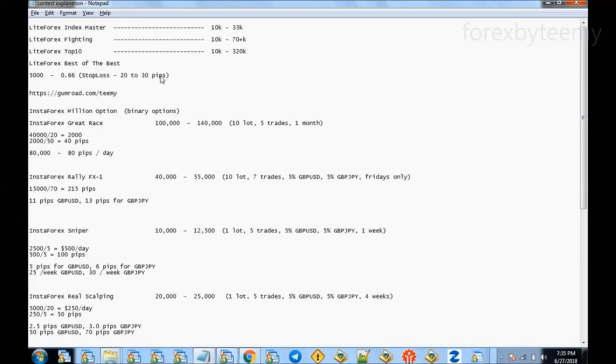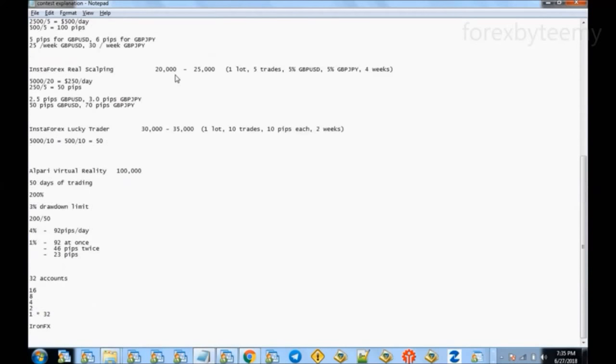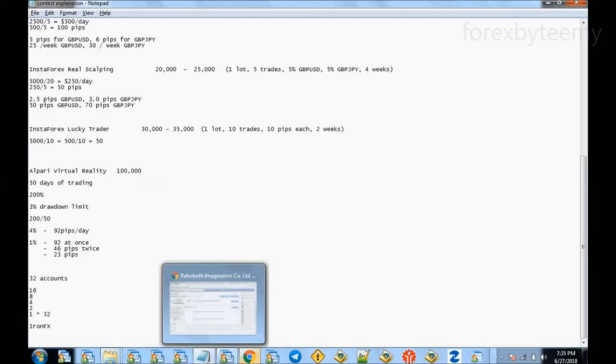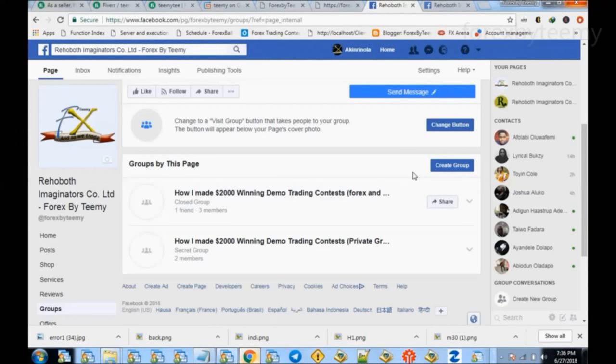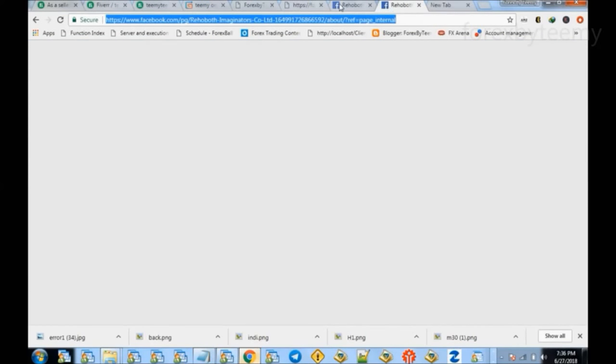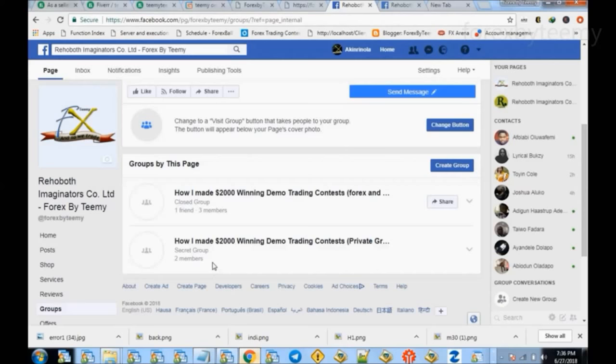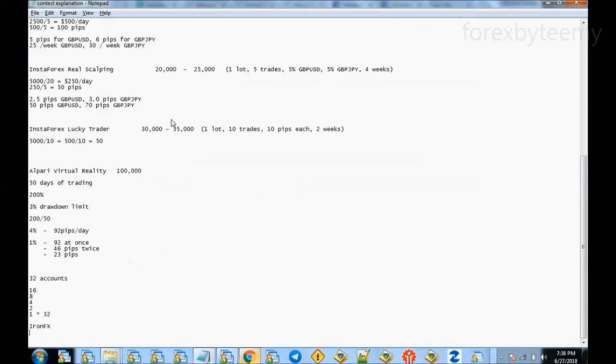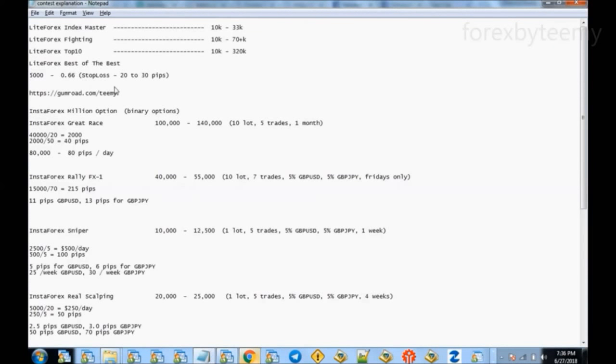Under cashback forex, the contests mostly use this method of evaluating your risk. So something like this won't work on those kinds of broker contests.